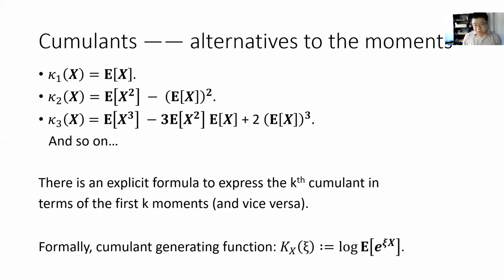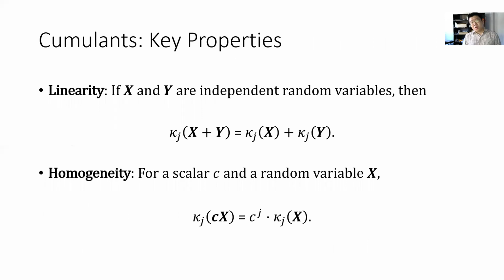So what I want to say here is that the cumulants will inherit lots of properties from moments, but one unique property that will be extensively used in this talk is linearity. So when we have two independent random variables, x and y, the jth cumulant of x plus y is the summation of the cumulants of x and y separately.